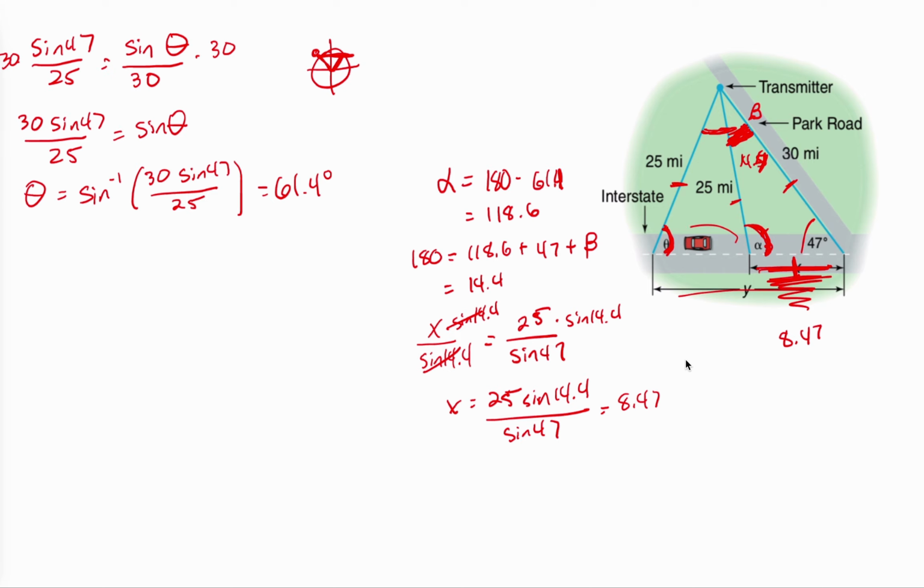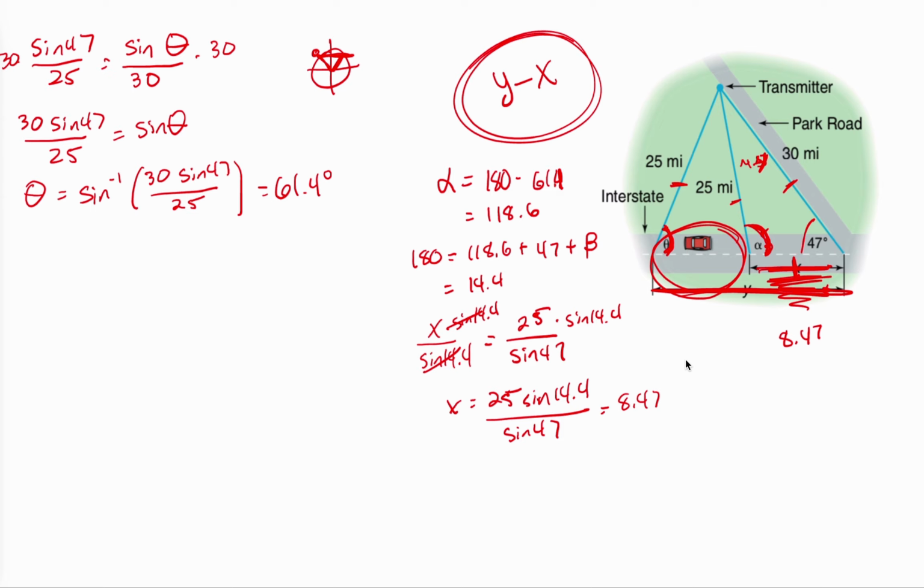Remember, what we're trying to find is this distance, which is y minus x. So we found x. Now we need to find y. So this whole distance, now we're looking at this triangle. We're looking at this angle, and I'll call that angle gamma. I'm just using up my Greek letters here.